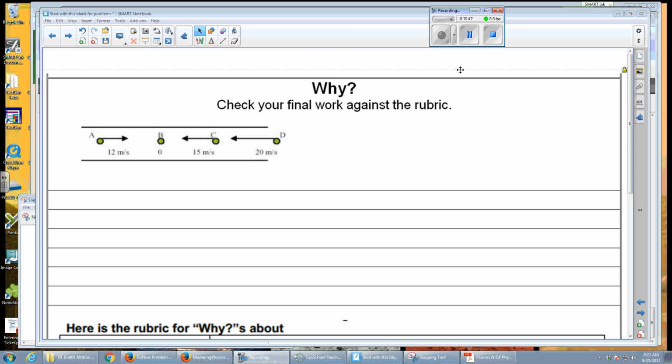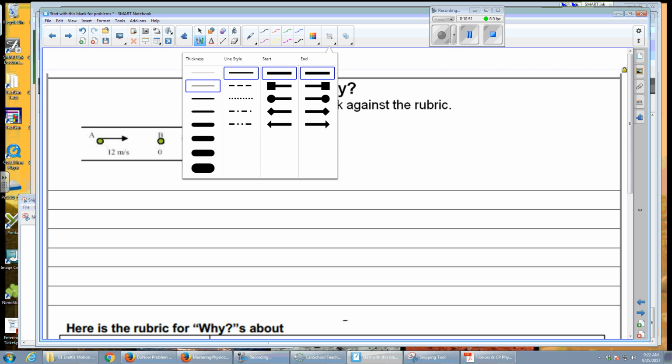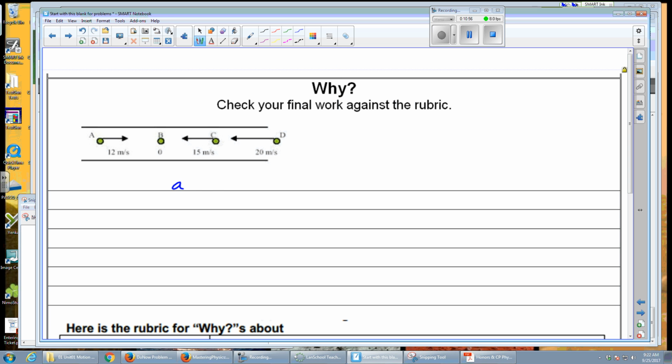And so I would start off, since this problem is all about frames of reference, I would start off by something like: all motion is relative to a frame of reference.